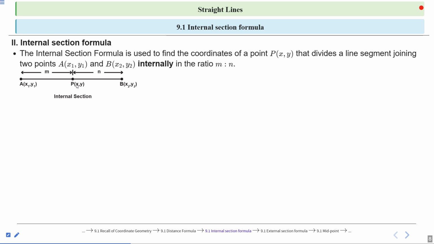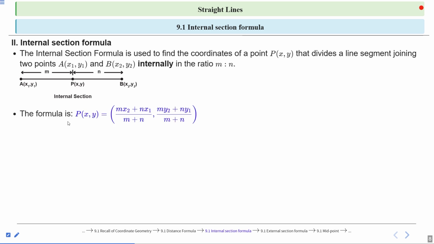The point P divides the line segment AB, made by joining 2 points A (x1, y1) and B (x2, y2), in the ratio m is to n internally. So see this figure.